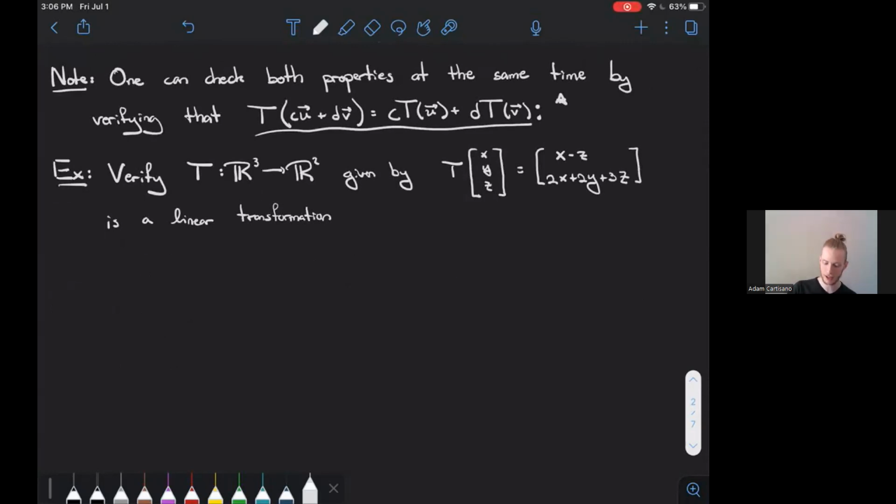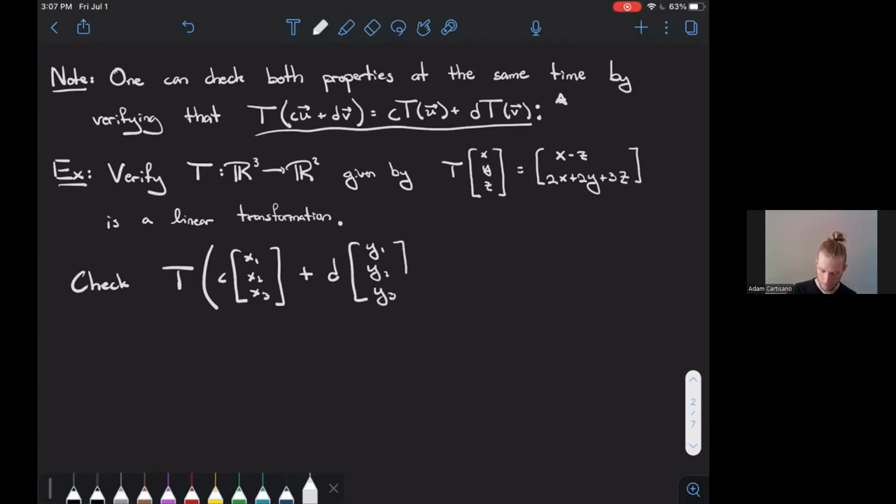So we want to verify that this transformation T is a linear transformation. Let's go. So we have to check that T of C times (x1, x2, x3) plus D times (y1, y2, y3) is equal to, okay, what do we want this to be?